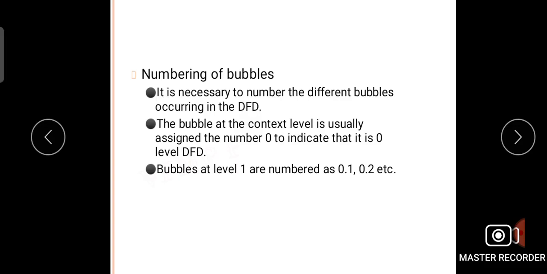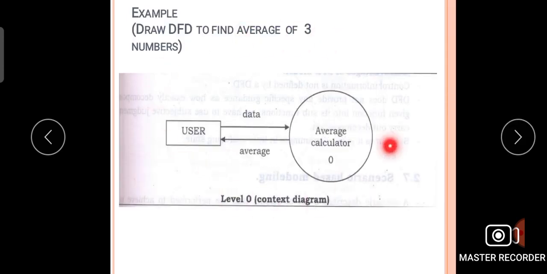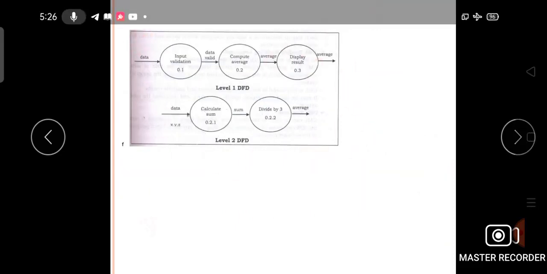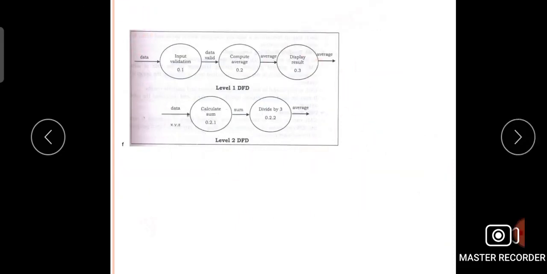Here is the numbering of bubbles. It is necessary to number the different bubbles occurring in a DFD. The bubble at context level is usually assigned the number 0, and that indicates level 0 of DFD. The bubbles at level 1 are numbered 0.1, 0.2, etc. Here this one is our context level 0 diagram and here are our level 1 and level 2 diagrams.